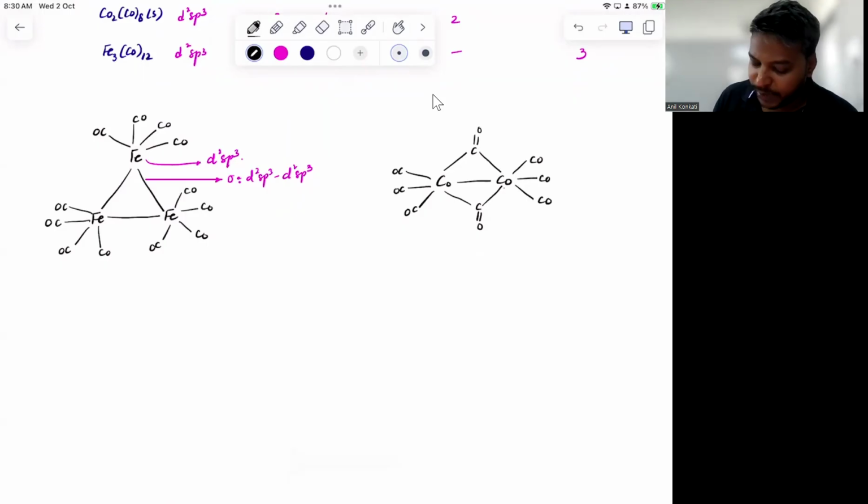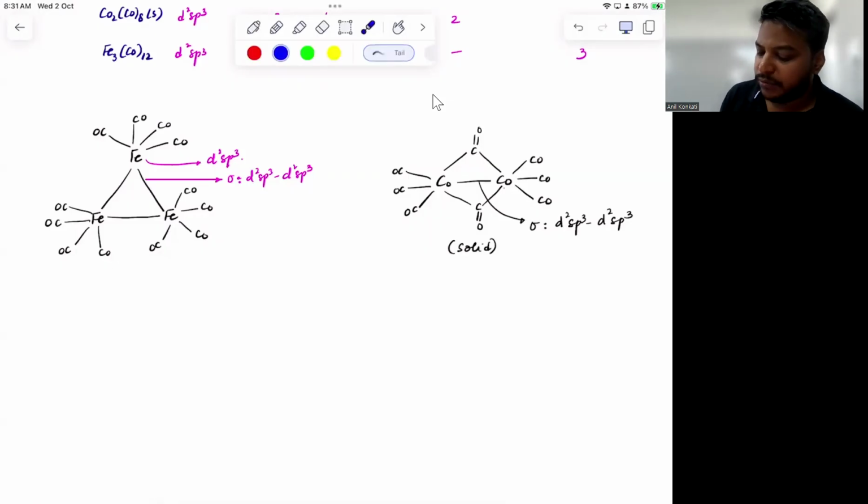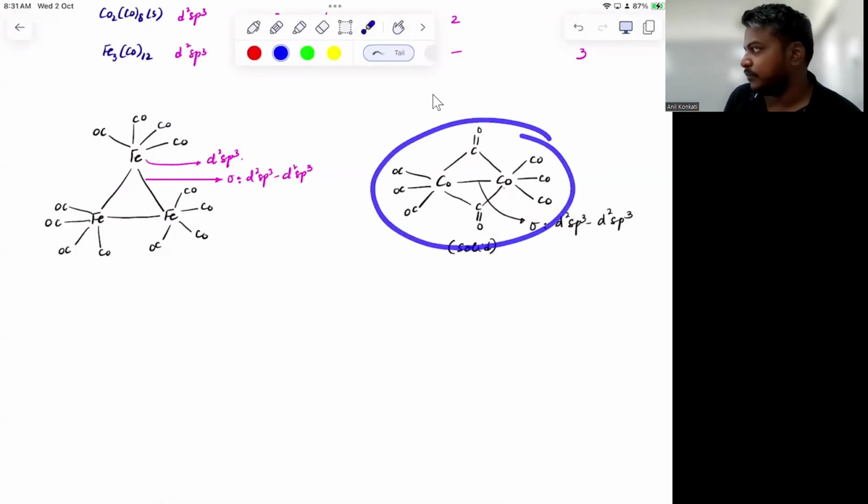Again, if you compare the hybridization, all the sigma bonds on this side, sorry, not this one, this one. This is the sigma bond between them. That is between d2sp3 with d2sp3 overlapping. And in solid state, usually, to keep it more compact, this molecule will always adopt the bridged form.